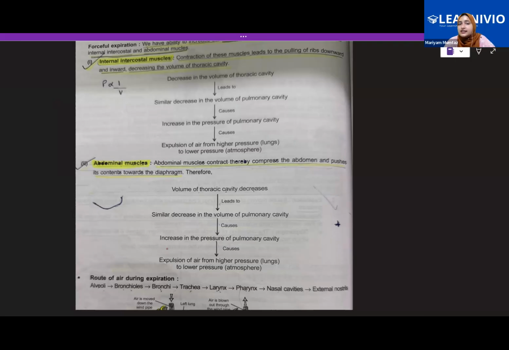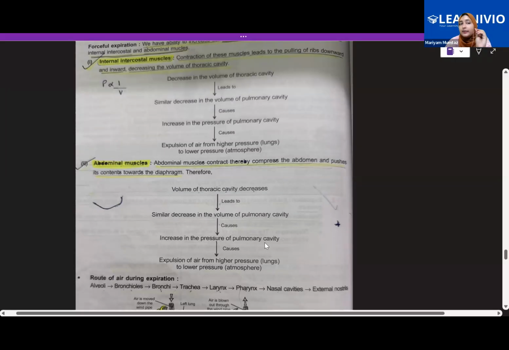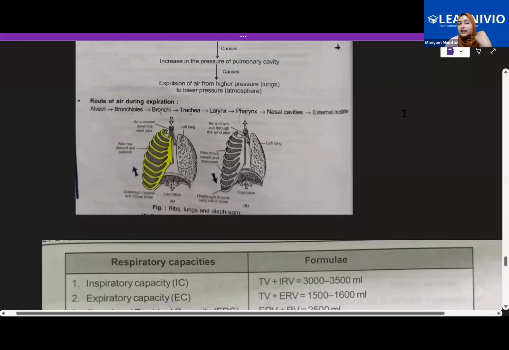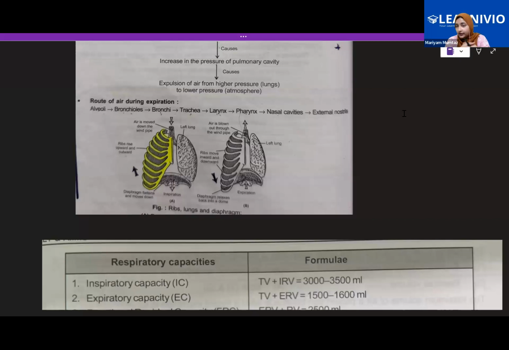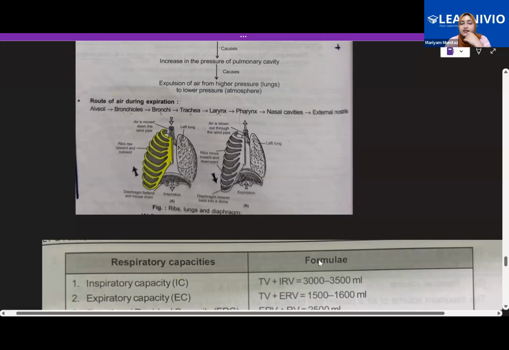So whenever the muscles contract, the volume of the thoracic cavity, when we are talking about inspiration, increases. And so does the volume of the lung cavity, that is the pulmonary cavity, as a result of which the pressure decreases. Now, the pressure of the gases on the outside is more as compared to the inside of the lungs. So, the gases from the outside get diffused into our body. Now, during the process of inspiration, the external intercostal muscles are important.